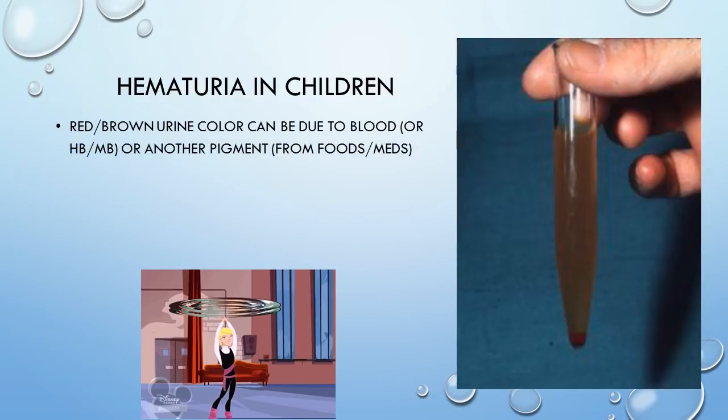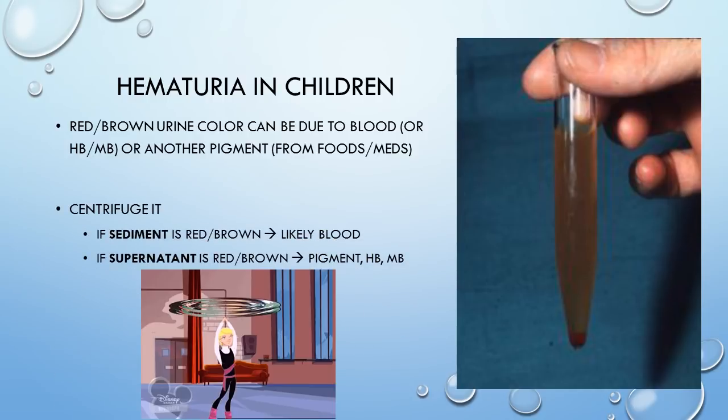So the red-brown color in urine can be due to blood, right, or hemoglobin or myoglobin, or it could be due to another pigment, so from foods or medications. One of the ways that we figure this out is we centrifuge it, we spin it around. If there is sediment and the sediment at the bottom is red or brown, then it's likely due to blood.